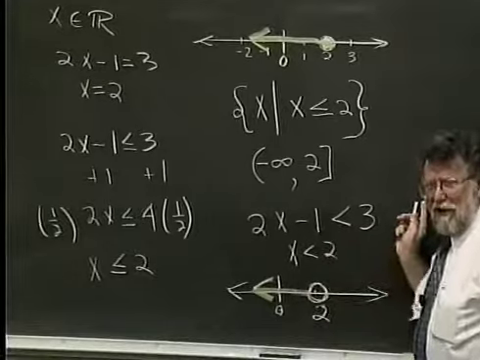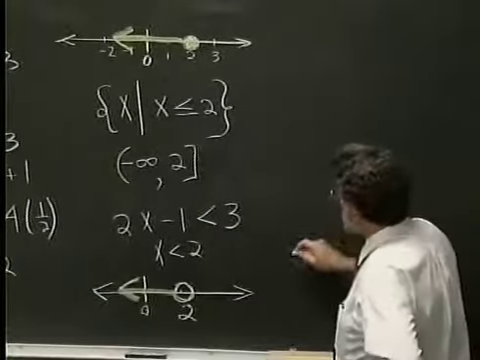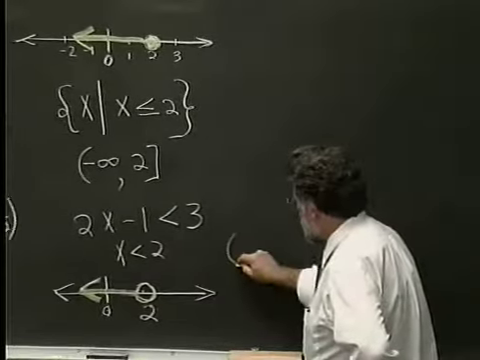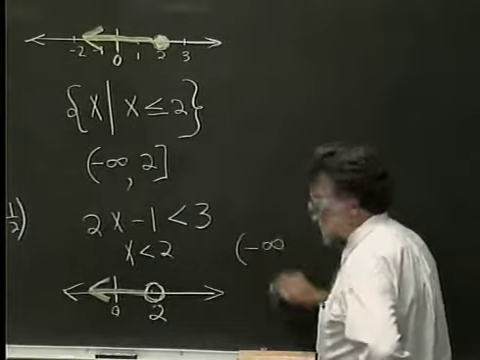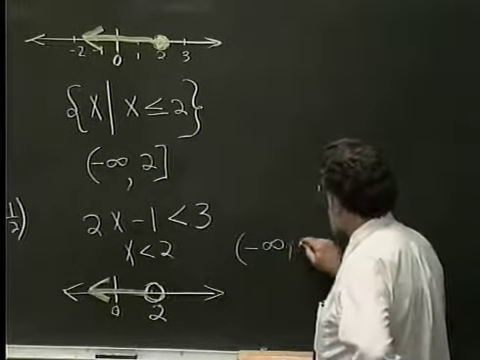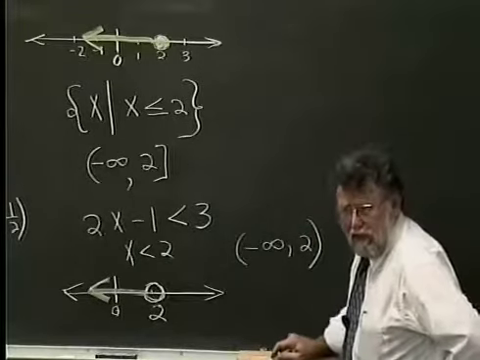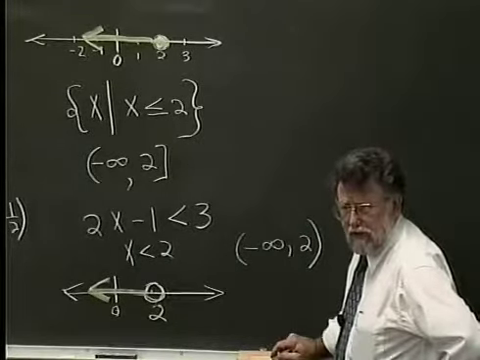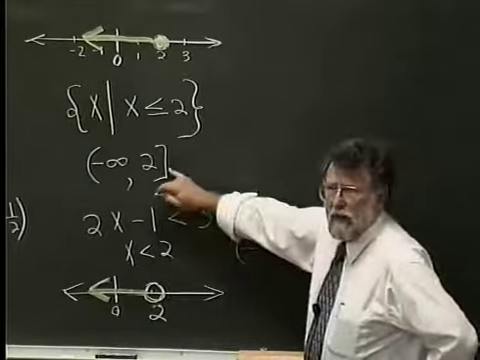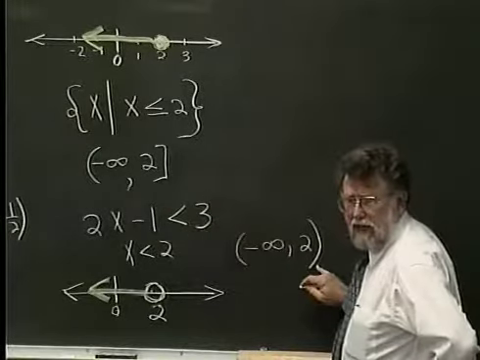Oh, okay, so let's slide over. Same concept, same generalization. So if I come down here, I would have negative infinity, open parentheses, comma, the 2, but now open parentheses, you're correct, because I do not want to include the 2. Good question. So make sure you distinguish between these two expressions.